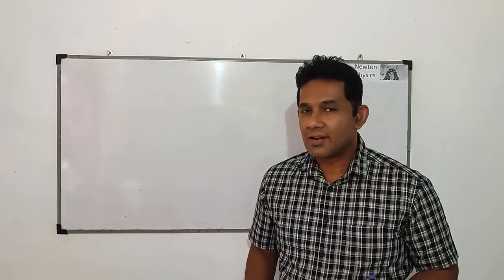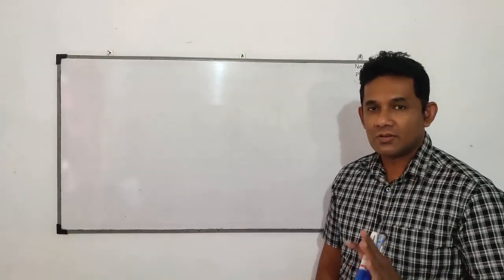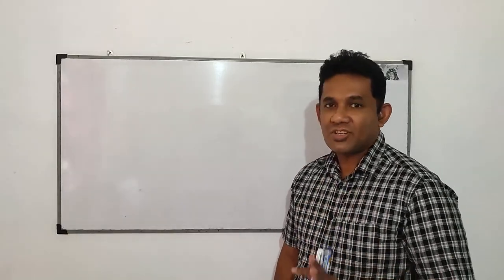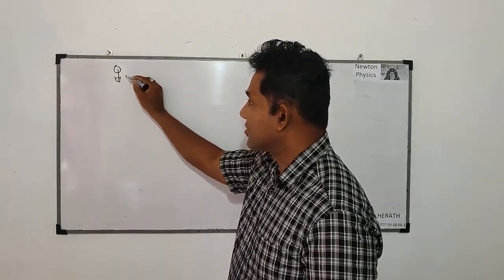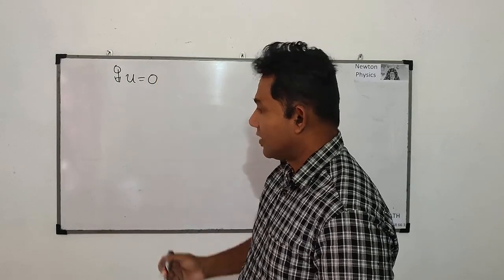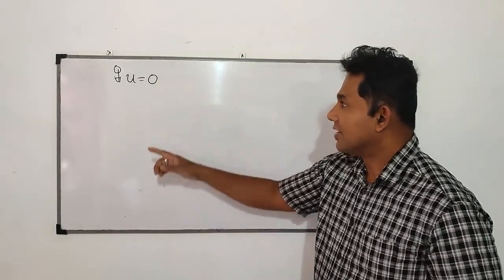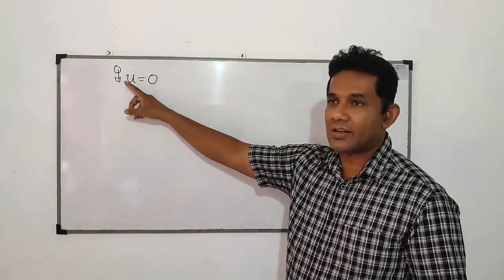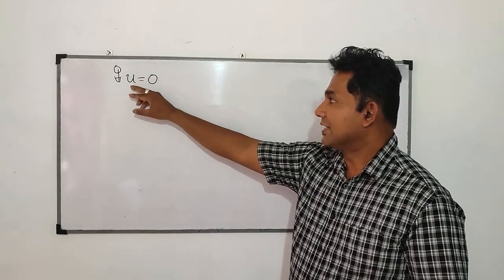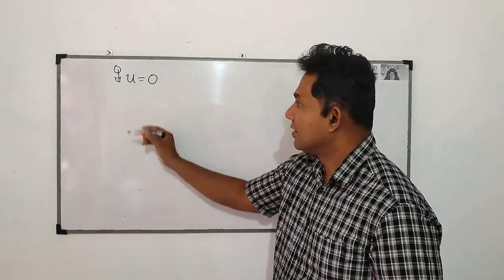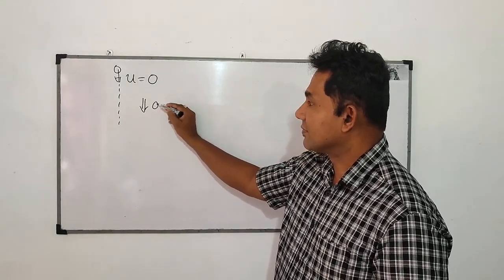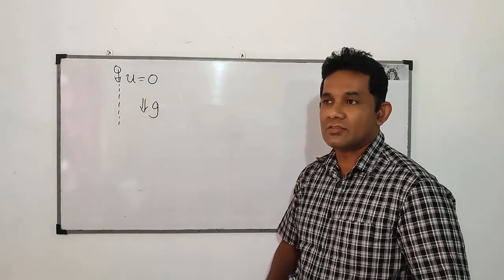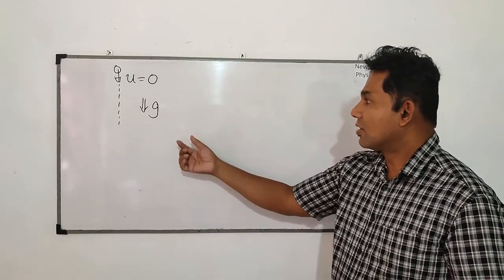As an example, I will give a situation where this object falls freely from rest. The initial velocity of this object that I dropped is 0, and it falls freely under gravity, so its acceleration becomes simply g.